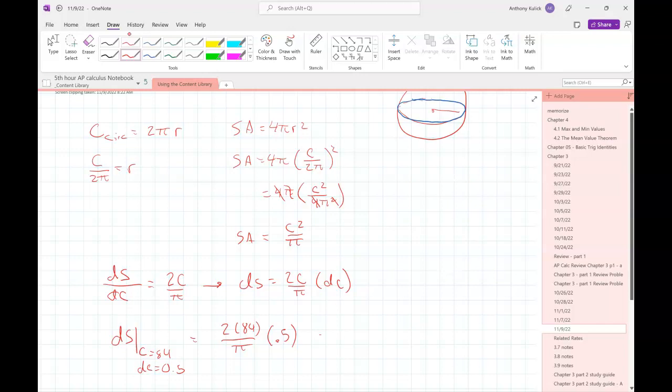Oh, I just wrote it as 84 over pi, which is approximately 26.74 square centimeters. Oh, okay. Right, I had a pi squared in the denominator. Good catch. So that's my max error.